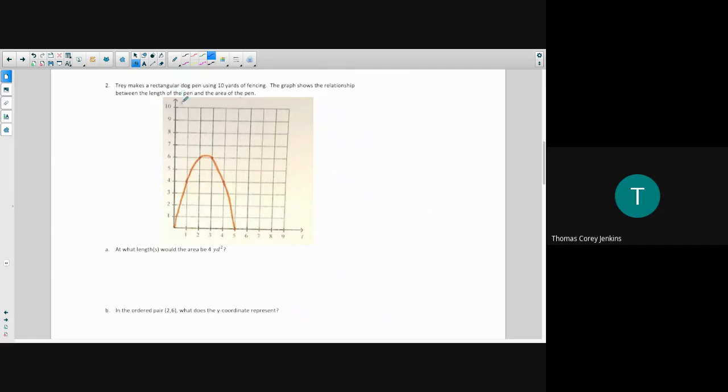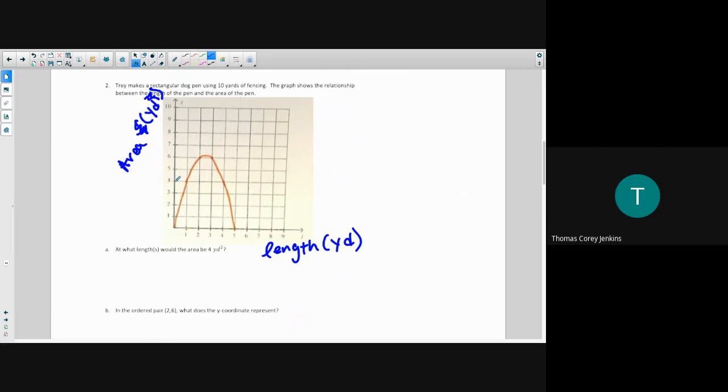It's hard to see here, but this is A. So this is our area, in square yards. And then this is the length, in yards.